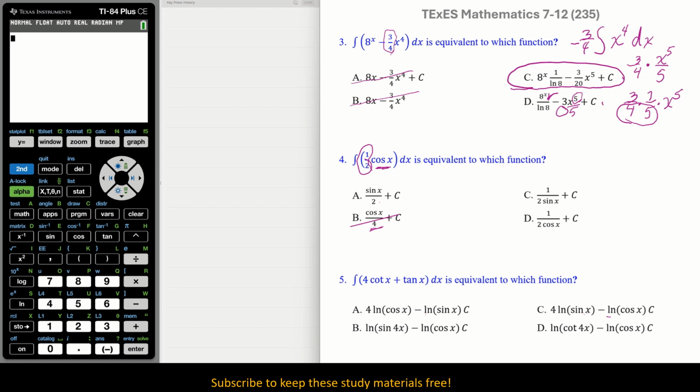Let's investigate what's wrong with C and D. Well, I see the half where it belongs, but doesn't 1 over x and 1 over cosine x mean something completely different? Well, those are secant and cosecant. Okay, well, that just doesn't relate with what we're doing.